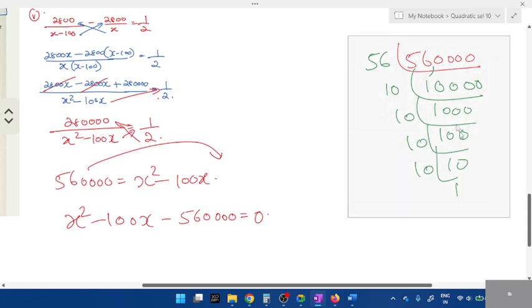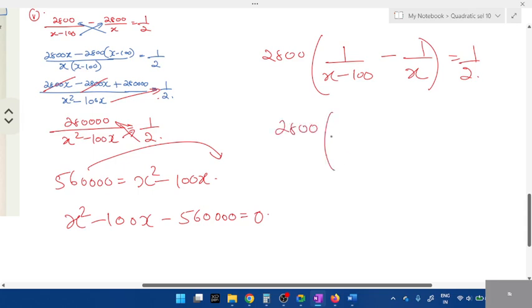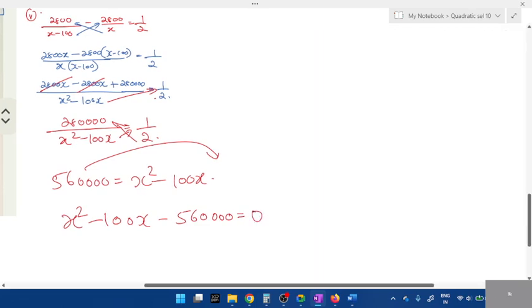But again, this is also lengthy. Anyway, if you do the other method, you get the same thing. 100x, 56. Okay, let me take 100x. 6, 1, 2, 3.